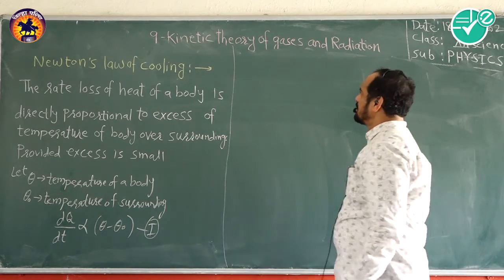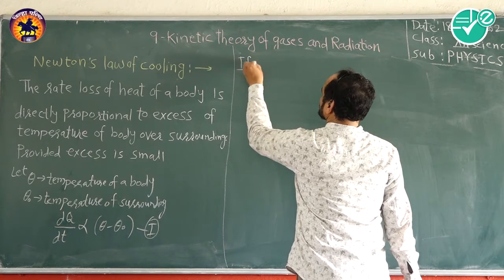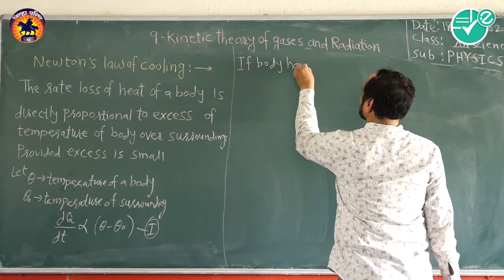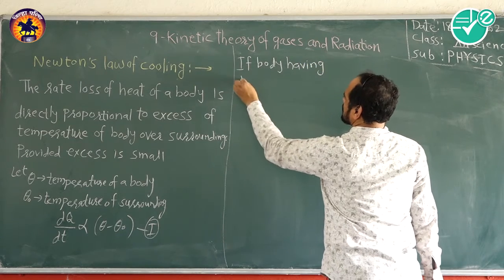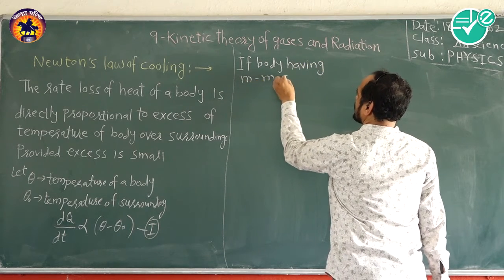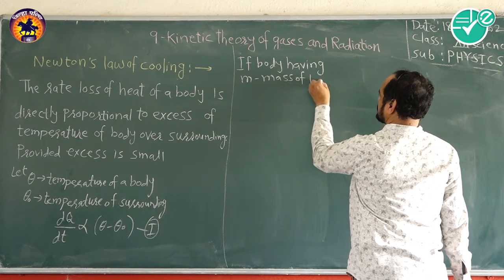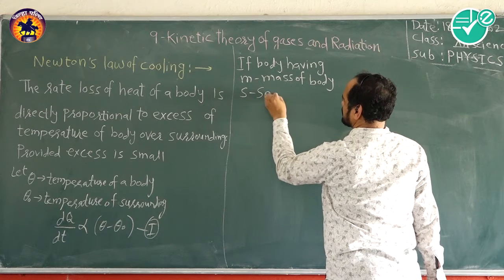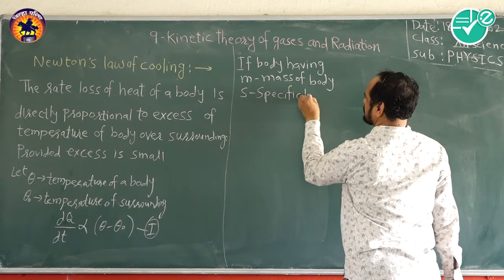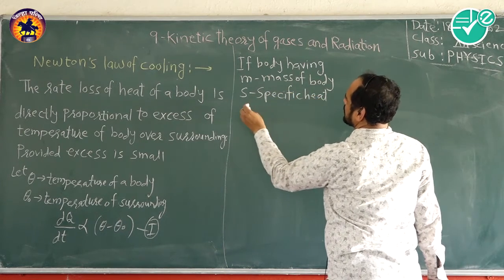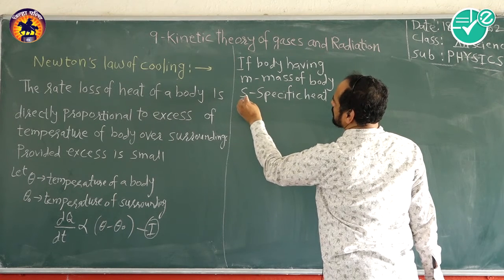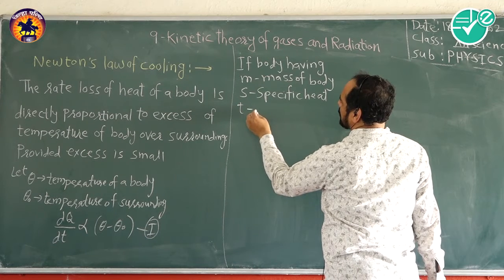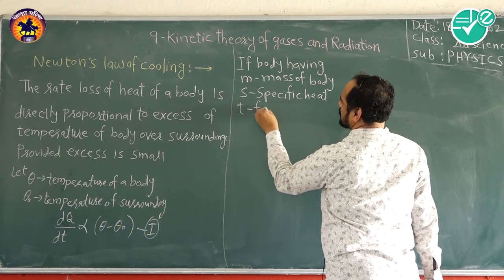Now if the body has mass m, where small m is the mass of the body, then s will be the specific heat, and the last one is the fall of temperature.